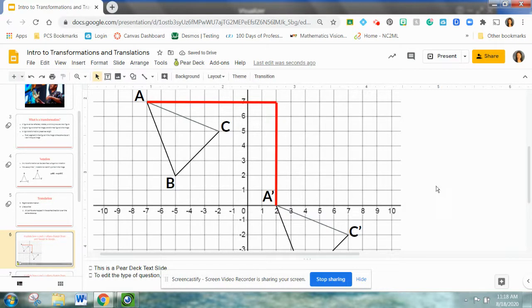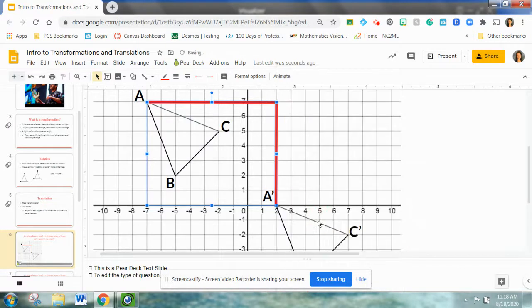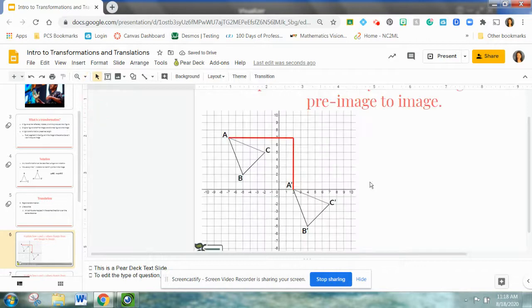All right, so I have moved to the right and down. Now, because I am doing this on a Google slide, I am going to group these two together, and I'm going to zoom back out a little bit.